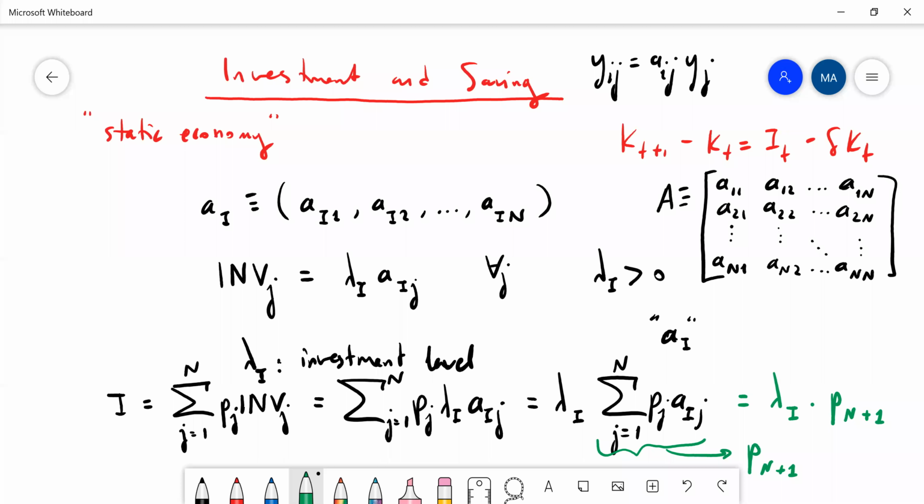And of course, it depends on technical coefficients because you need different units from different goods for making the investment. Okay? So that's the investment part. Is that clear enough? Okay.